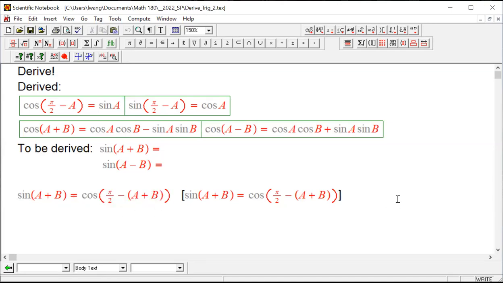Once we got to this step, we're going to do some regrouping in the parentheses. We open up the parentheses, so we have pi over 2 minus a, and then minus b. So we opened up the parentheses.